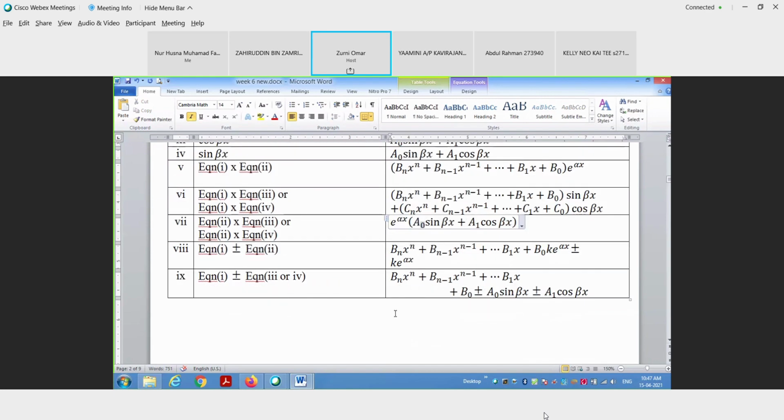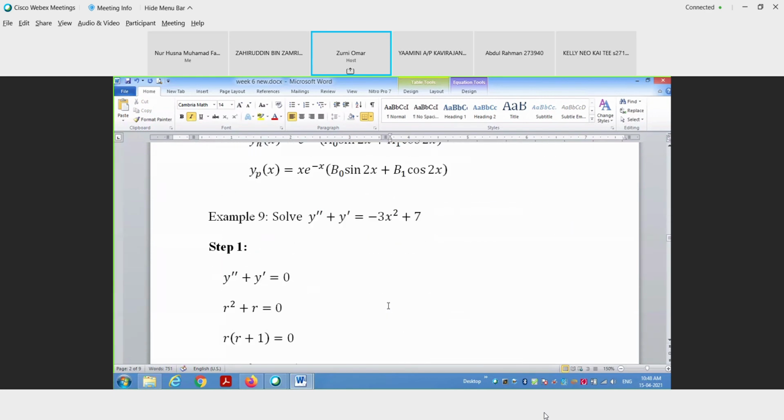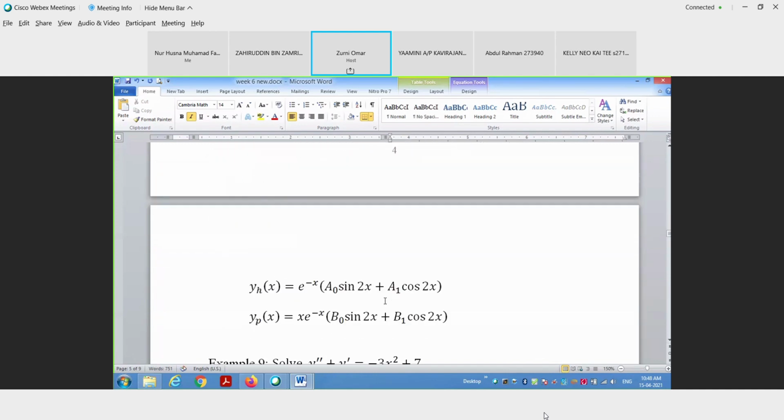So we go back here. Your YP should be in this form, a combination of this and then this. But they are the same, and that's why you need to multiply YP with X to make the difference.